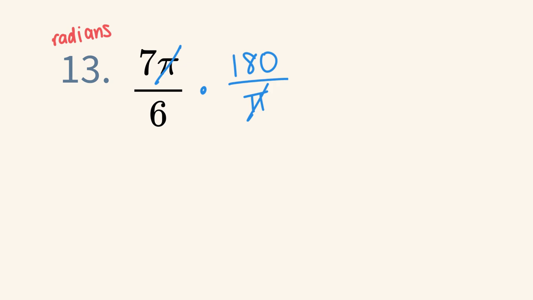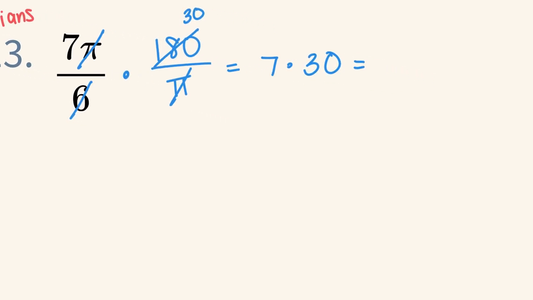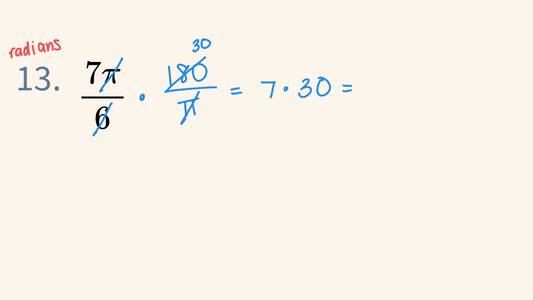Can I cross simplify anything else? Yes, which numbers? Good, 180 and 6. And what would I change it to? 6 goes into 180 how many times? 30. So in this case, all you have to do is multiply 7 times 30. It definitely helps, and it gives you small numbers to cross simplify. And what's 7 times 30? 210. Again, do not forget those degree signs. They are in degrees, so please make sure you have it there.